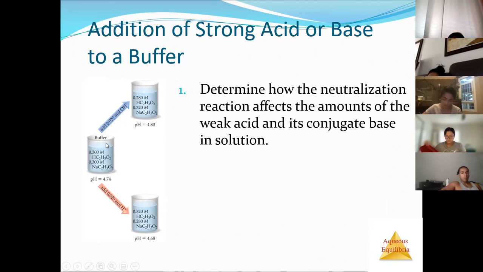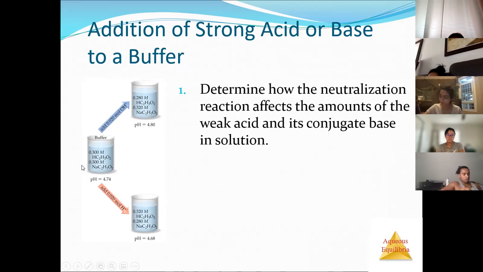My strong base completely reacts with my weak acid. So now I've taken 0.02 away from my weak acid. Its concentration is now 0.280. But when I've reacted the base with the acid, I have made the conjugate base. So that 0.020 gets added to the conjugate base.